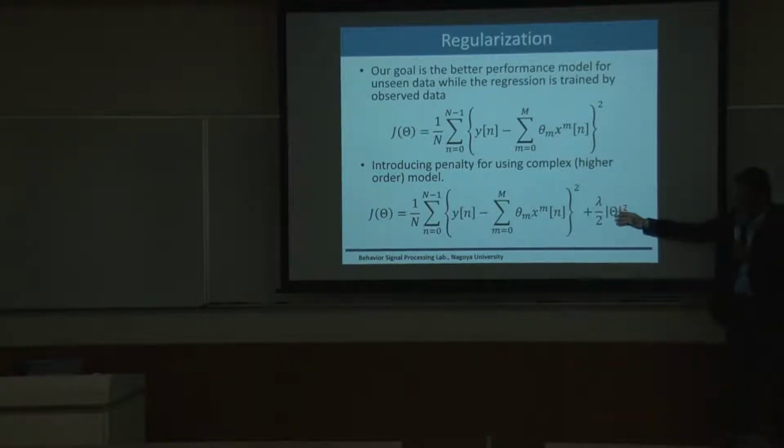So this is a very simple idea, but it actually works very, very well. And recently, people found that this term could be regarded as a natural distribution, or prior distribution, of model parameters in terms of the probabilistic system.